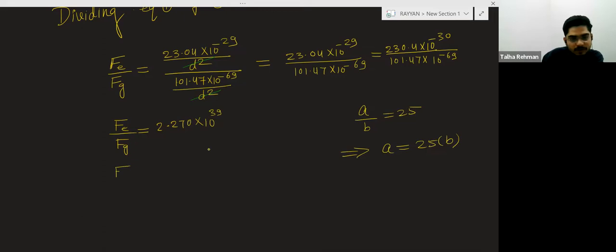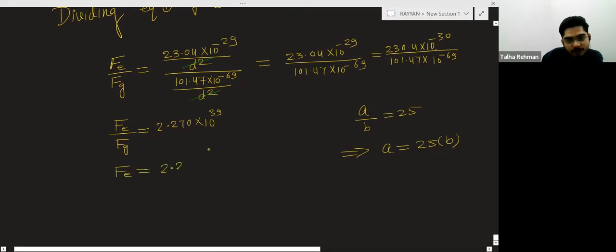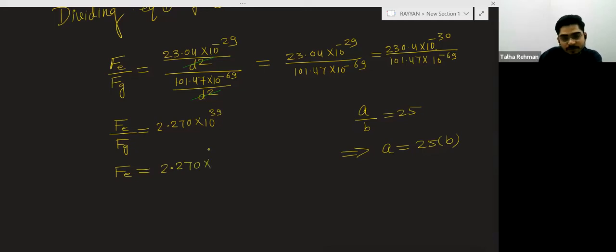So Fe is greater, is equal to 2.27, not greater but very much greater, 10 to the power 39 times of the gravitational force.